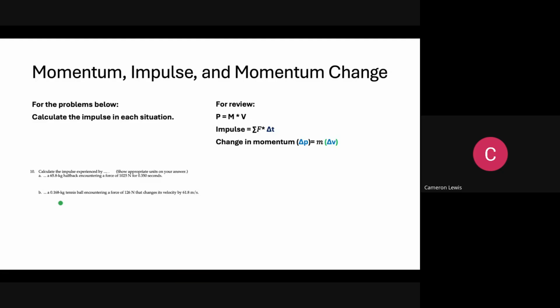What is the impulse experienced by a 0.168 kilogram tennis ball encountering a force of 126 newtons that changes its velocity by 61.8 meters per second? So when we look at what we have, we're given the velocity, the newtons.